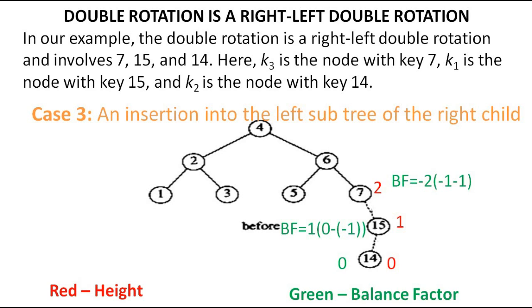So consider as minus 1. The height of the right subtree is 1. So minus 1. Now the balance factor is minus 2. So here the AVL tree is violated. The imbalance is occurred. So we have to do rotation.